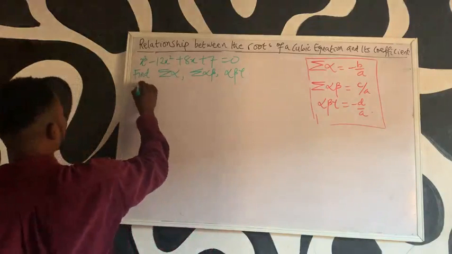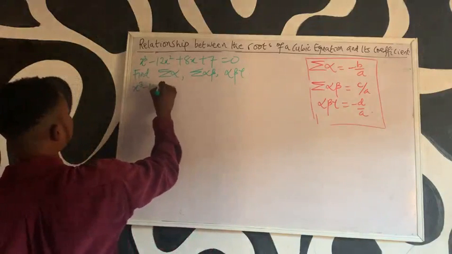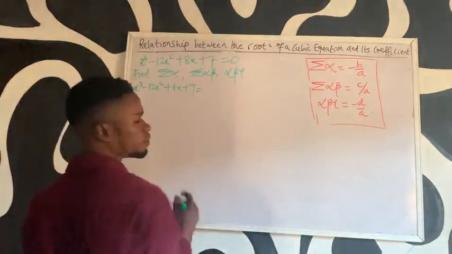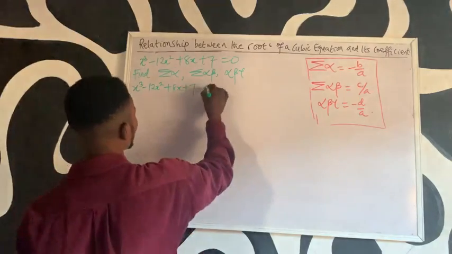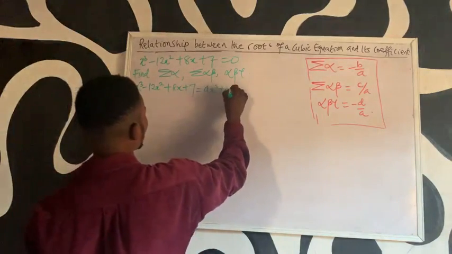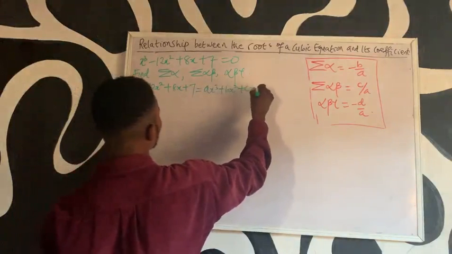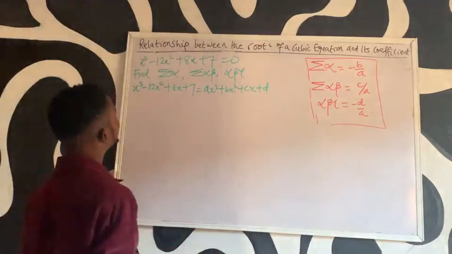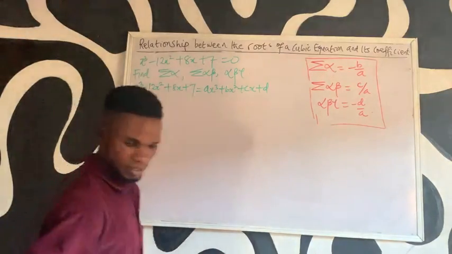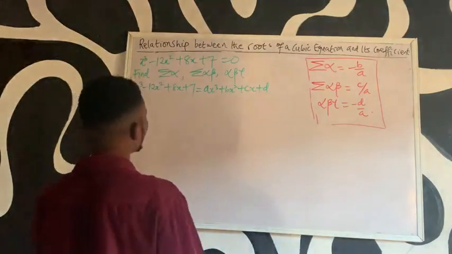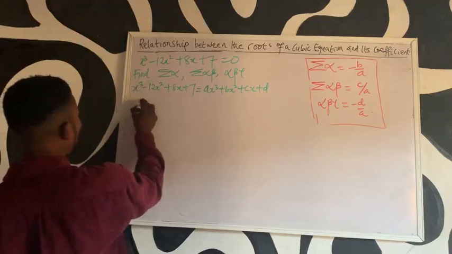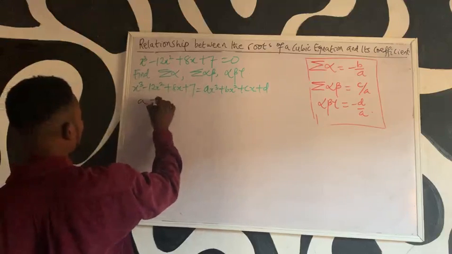So we equate the given cubic equation to the general form of a cubic equation: ax cubed plus bx squared plus cx plus d. How do we get the values of a, b, c, d? The coefficient of x cubed is a, and it is 1, so a is 1.